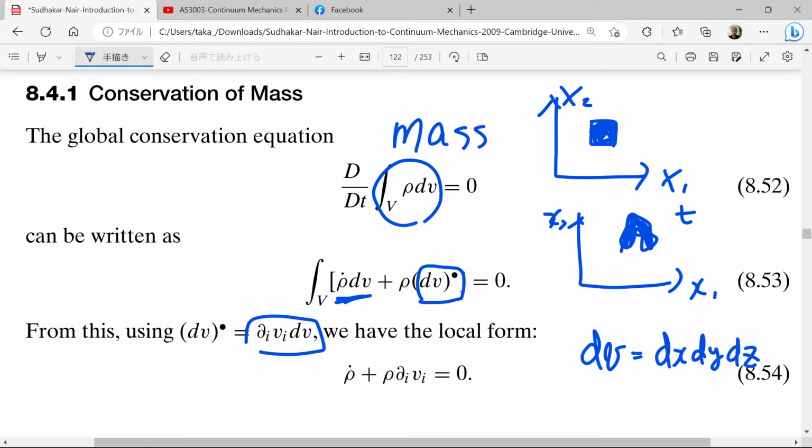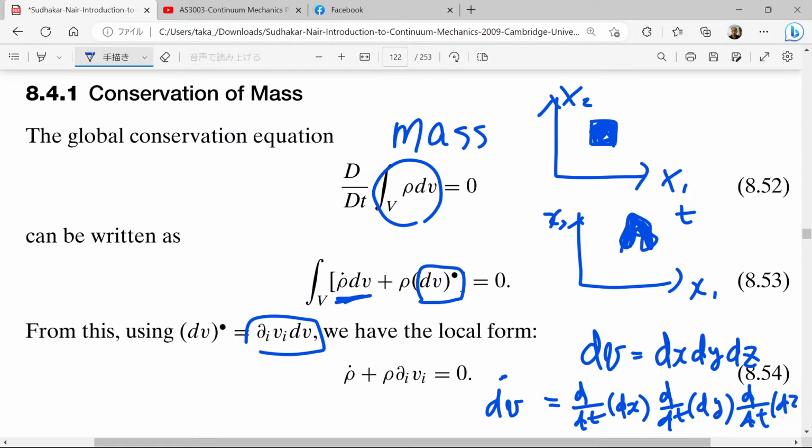So dV dot has to be like d/dt dx, d/dt dy, d/dt dz. Is it correct? How do you get this?